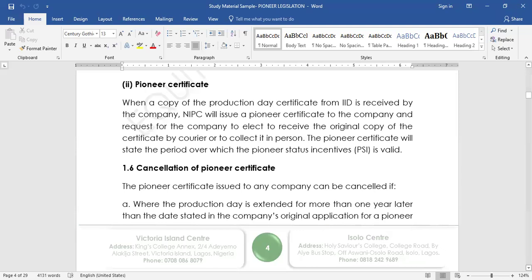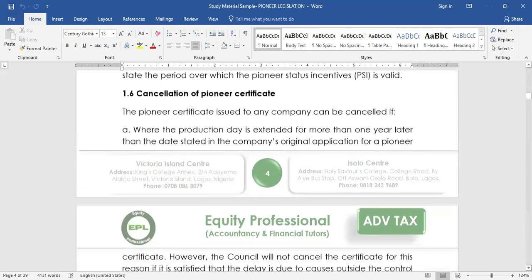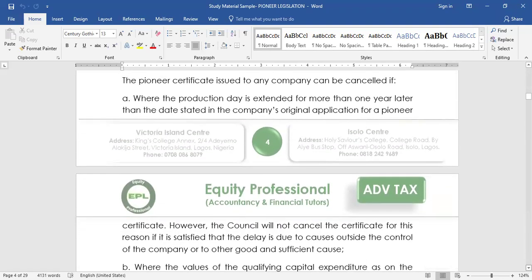That means more than 12 months later than the date stated in the original application for pioneer certificates. Automatically, your pioneer certificate will be cancelled.